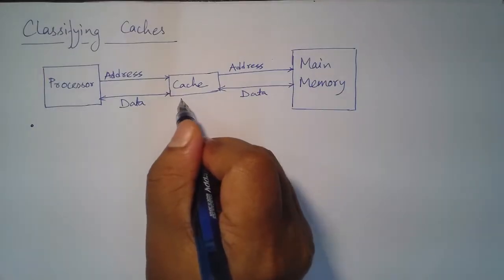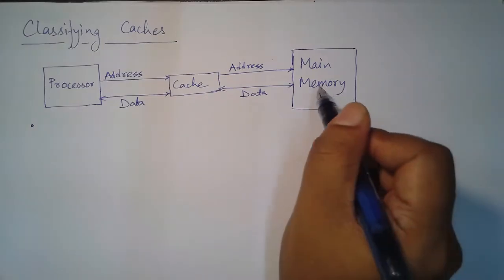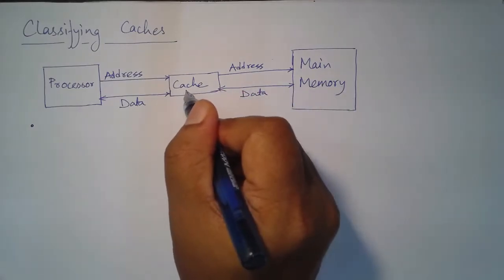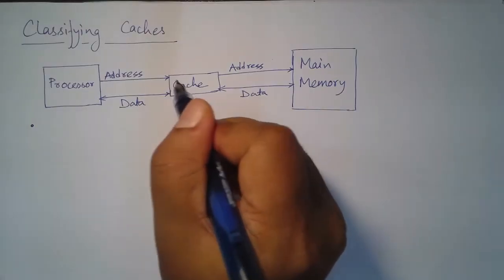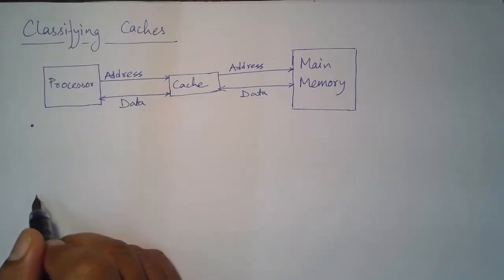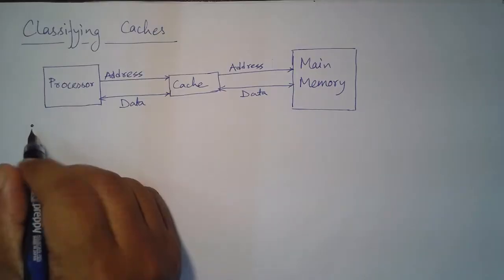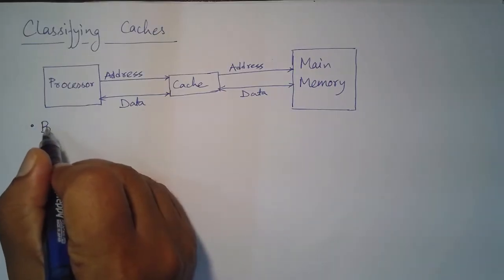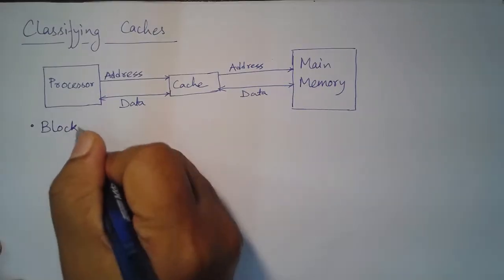There are different blocks of memory, and when you need to bring in data from main memory to cache, how these blocks are placed in the cache depends on that, and you can have a classification of caches. We will discuss it in detail, but I'll just write it down. Based on block placement, you can have different classifications of caches.